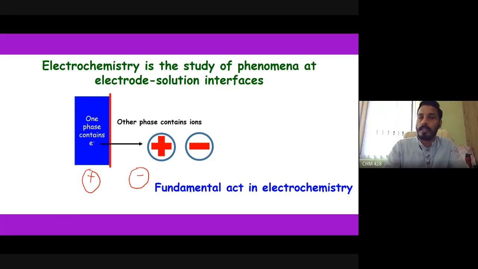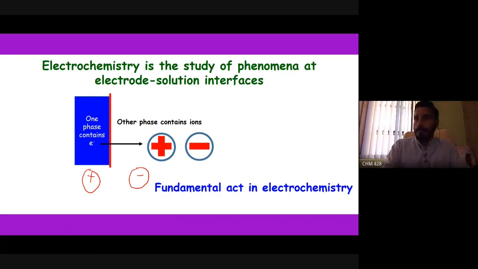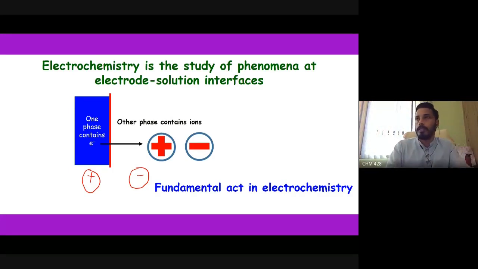So you can see that once this charge transfer or electron transfer happens, your electrode-electrolyte interface will have a charge separation, which is the fundamental act in electrochemistry. Remember one thing, this interfacial phenomenon of charge transfer, what we call electrochemistry, is an interfacial phenomenon.